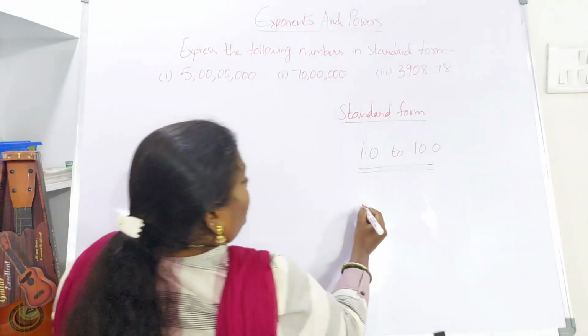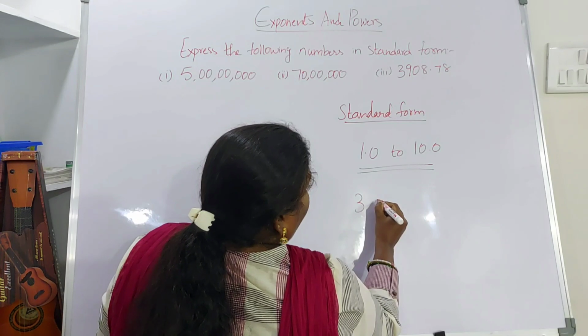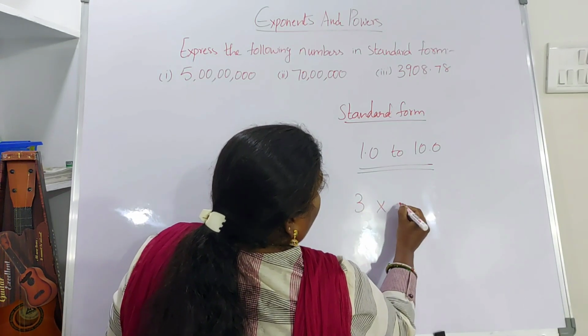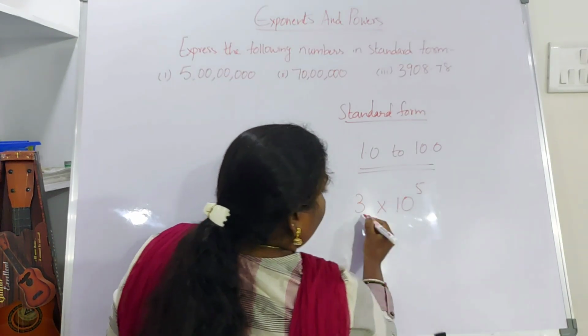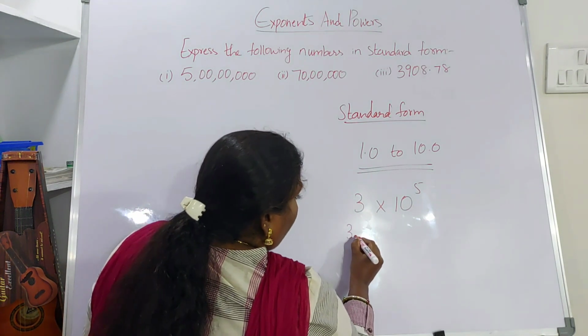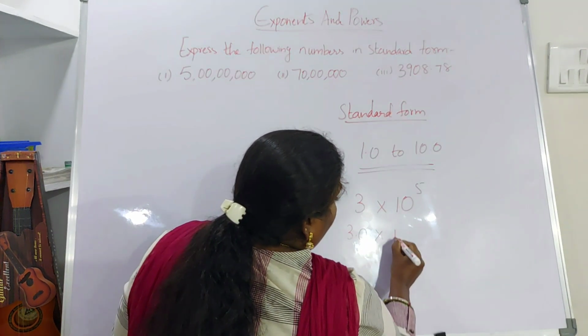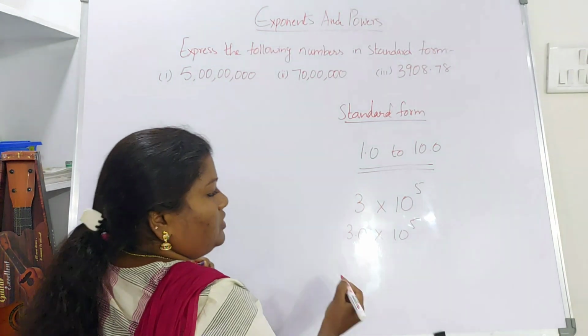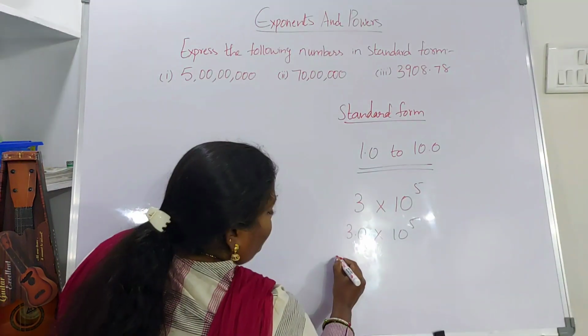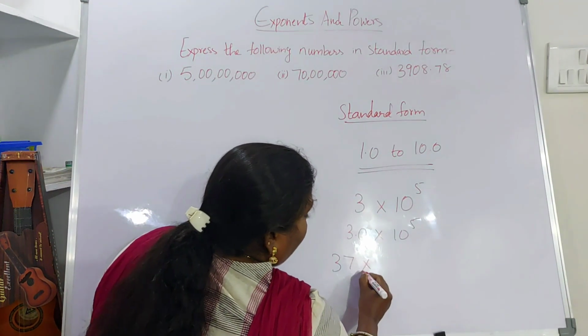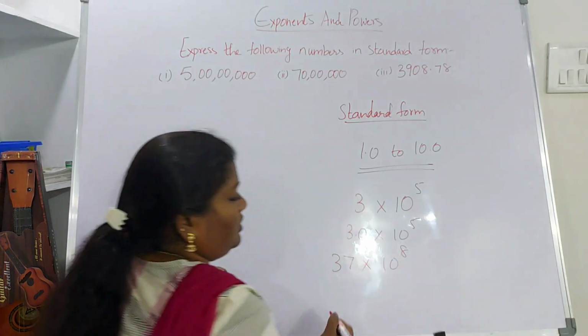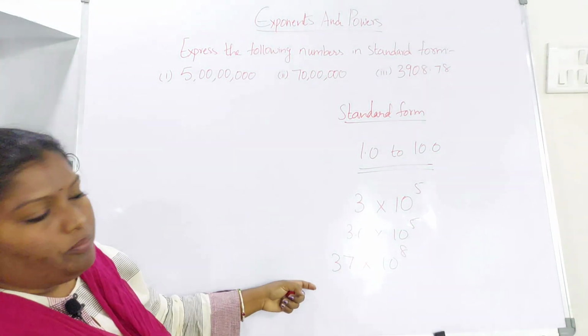For example, I can write 3 into 10 to the power of 5. Now 3 in the sense it is 3.0 into 10 to the power of 5. If at all you have 37 into 10 to the power of 8, now this should be converted.